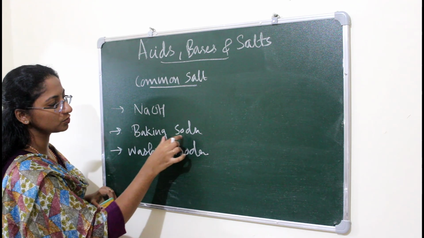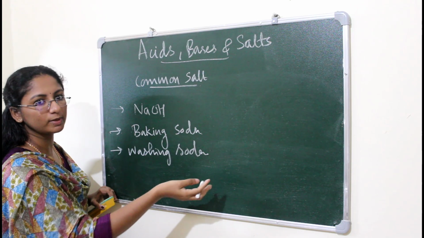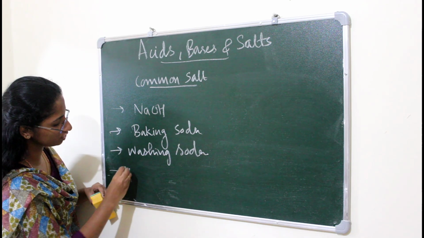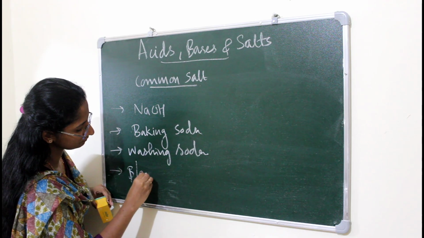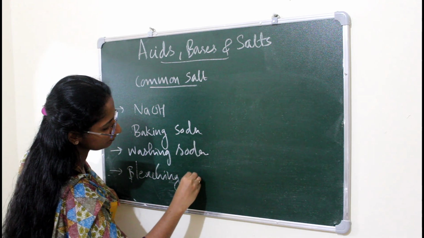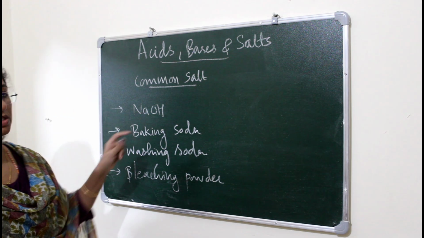We use these two chemicals for different purposes and the chemical formula is also different. And also the preparation of bleaching powder. So that's all about common salt.